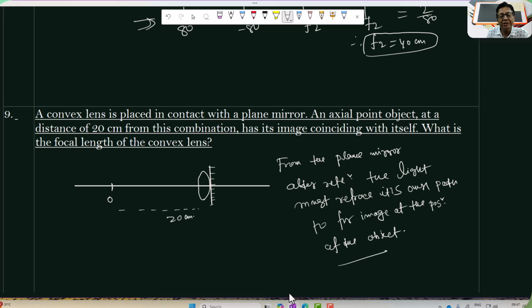It has to meet. So if we send a ray in this manner, the light ray after reflection must fall perpendicularly. This must be 90 degrees. If we keep a bit of separation, it will be easier for you to understand.